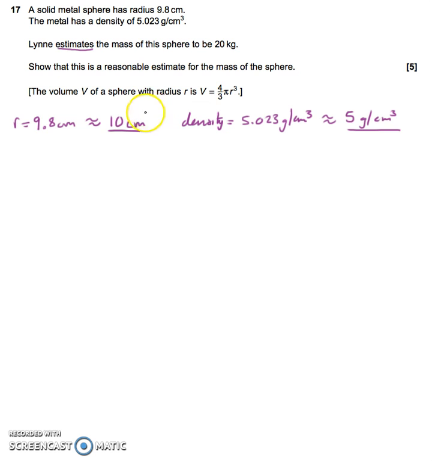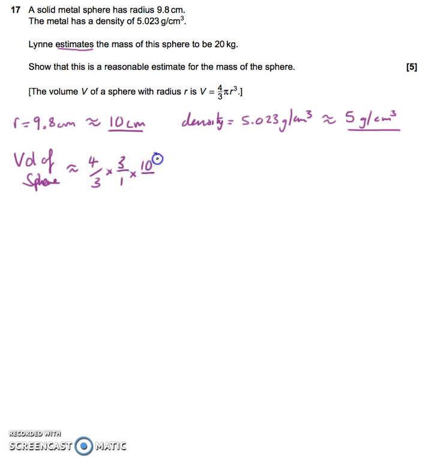What we need to do is use the 10 centimeters in the formula for the volume of a sphere. So the volume of the sphere is going to be approximately equal to, because we're using the approximate radius, 4/3 multiplied by pi, and pi is approximately equal to 3, so I'm going to put that in straight away. 3/1 multiplied by r, which we approximated to be 10, cubed.